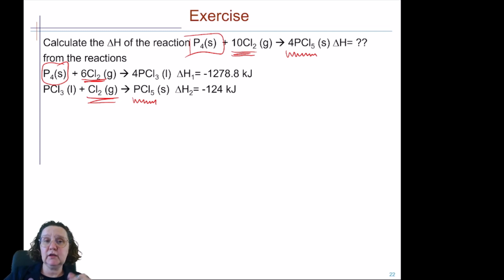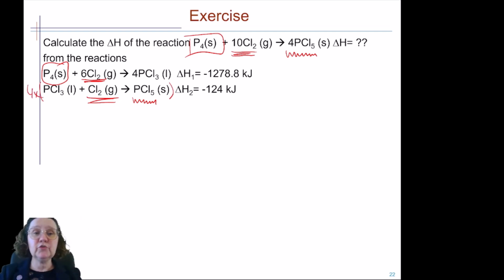But that's okay, because I know that enthalpies are associated with the number of moles you produce. So if producing 1 mole of phosphorus pentachloride releases minus 124 kilojoules of energy, I can multiply this by 4, and I will produce 4 moles of phosphorus pentachloride.